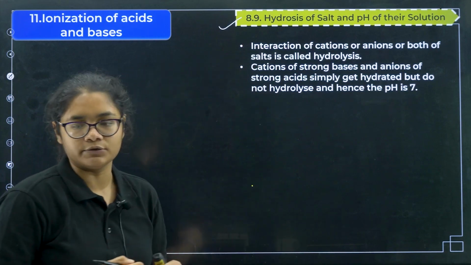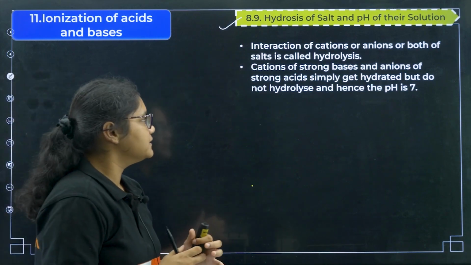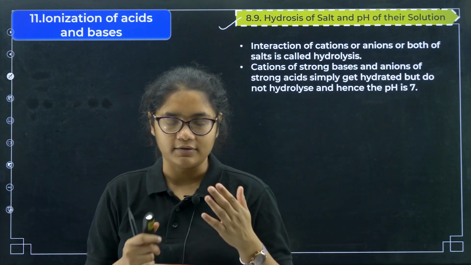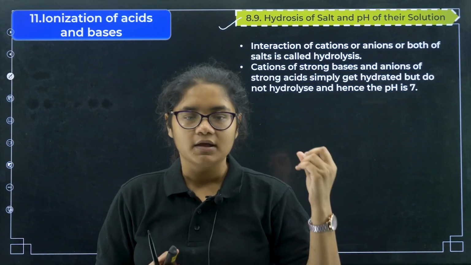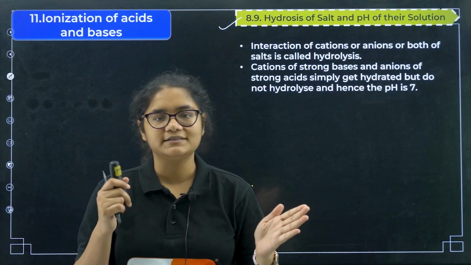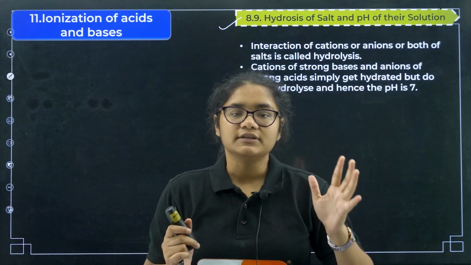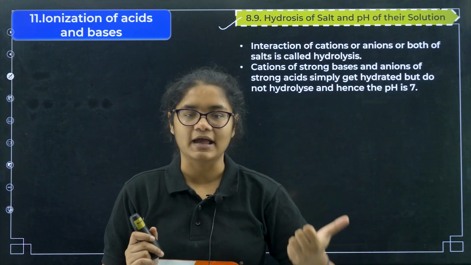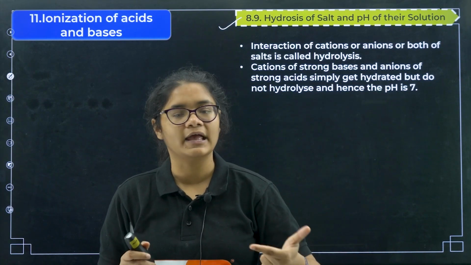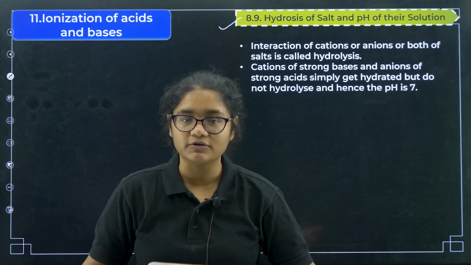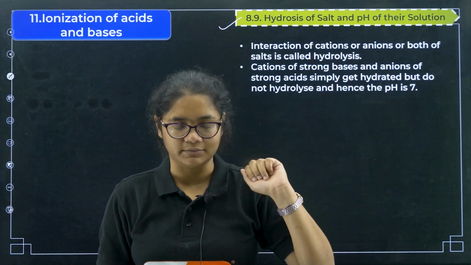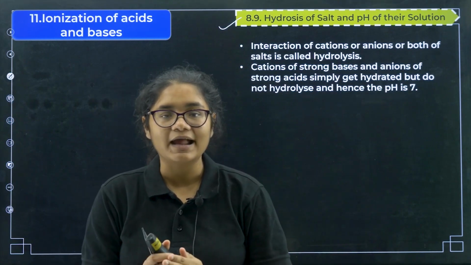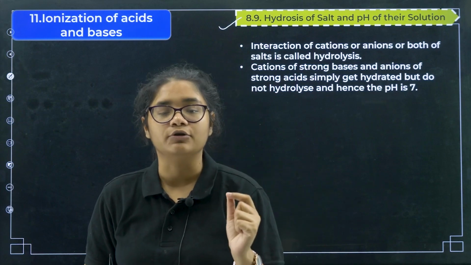Okay, now let us go to the next one, that is hydrolysis of salt and the pH of their solutions. Generally when salts are put in water, they dissociate to give you cations and anions. These cations and anions react with water. The cation can react, or the anion can react, or both can react, or neither of them reacts. There are 4 possibilities I'll discuss. When cations and anions react with water, we call it hydrolysis.